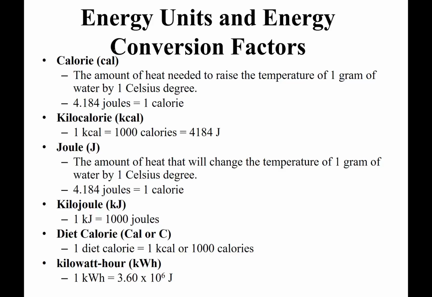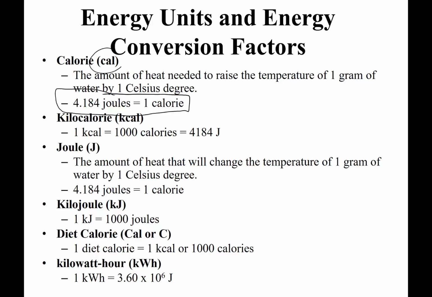Okay, so we have two different units that we use for energy, right? One is a calorie, and the calorie is defined by the energy required to raise the temperature of 1 gram of water or 1 milliliter of water by 1 degree. So that's defined by that. So 1 calorie is equal to 4.184 joules.